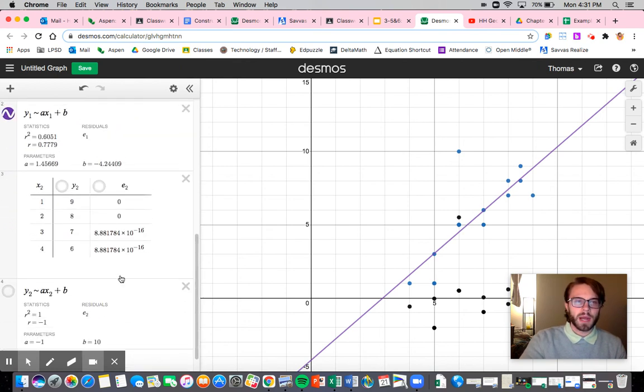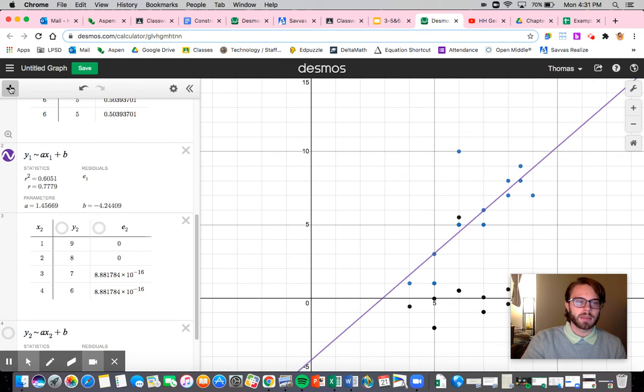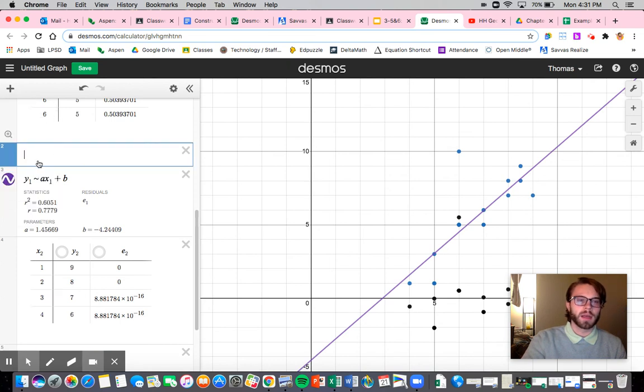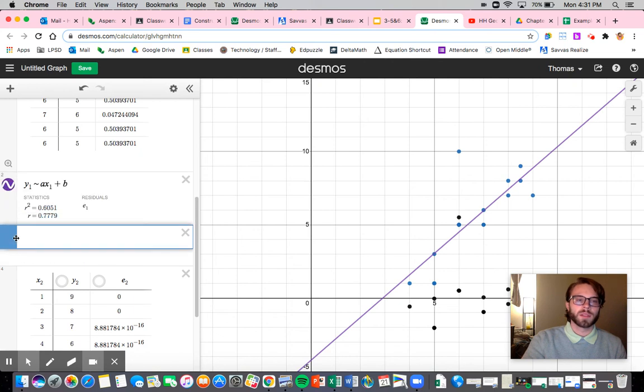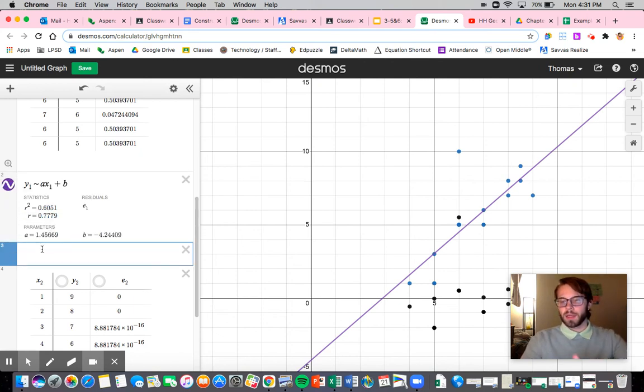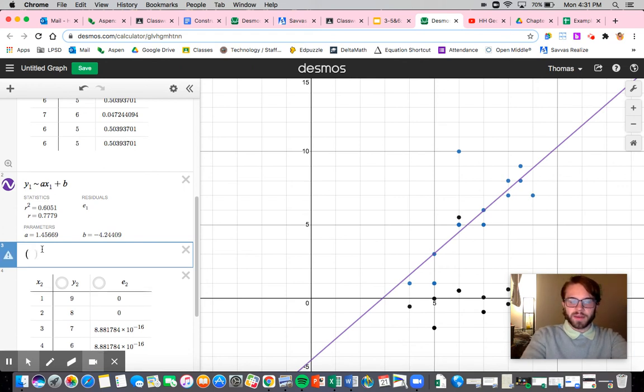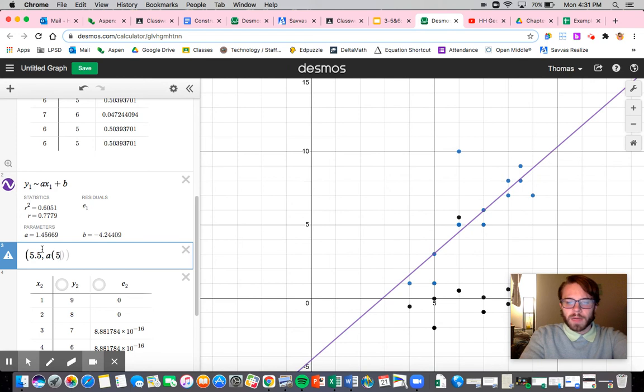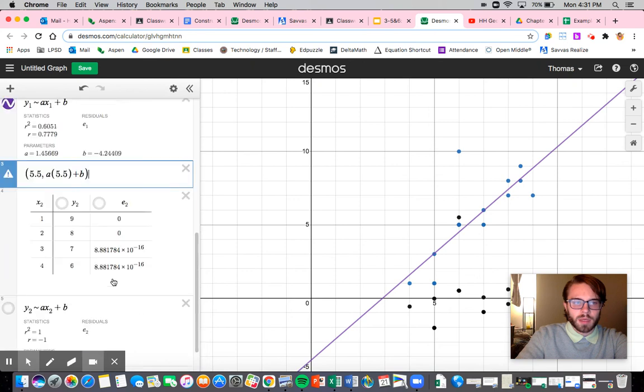All right. So what I'm going to do is add an expression here, and move it lower, right below that. I want to figure out what's happening at 5.5. I'm not even going to bother doing out the calculations. I'm just going to say I want A times 5.5 plus B. Oh, it's yelling at me.